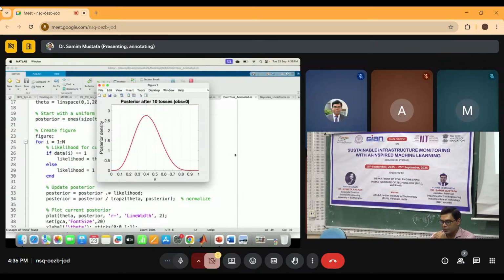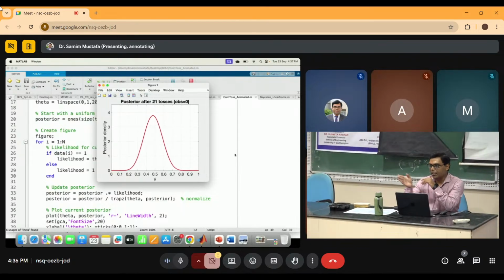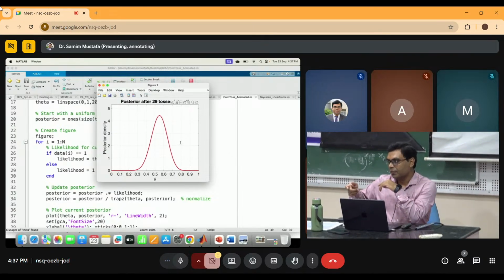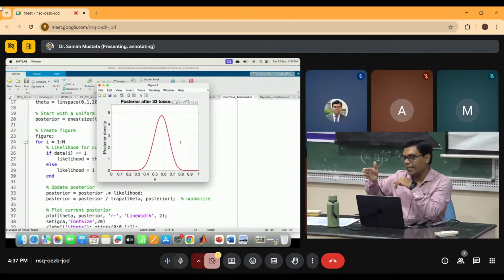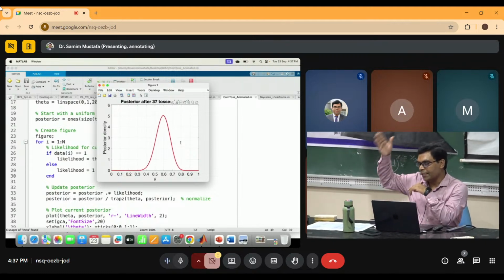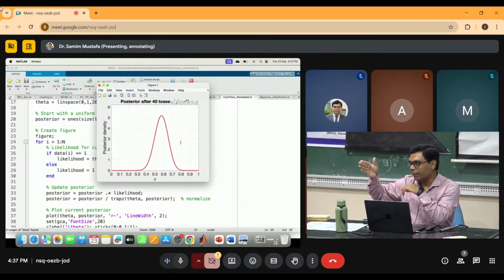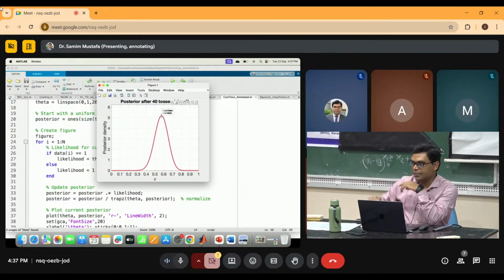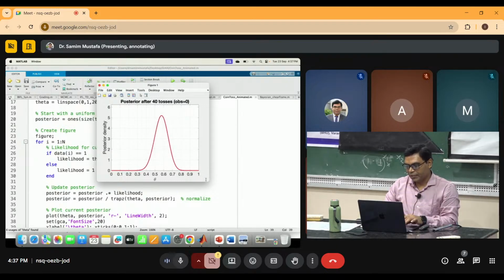after every toss, the uncertainty of getting head is changing over time. Now, the longer you do the experiment, the mean of theta should reach the actual value of theta, which is 0.7. So your probability at the end of a significantly large number of tosses should be around 0.7.